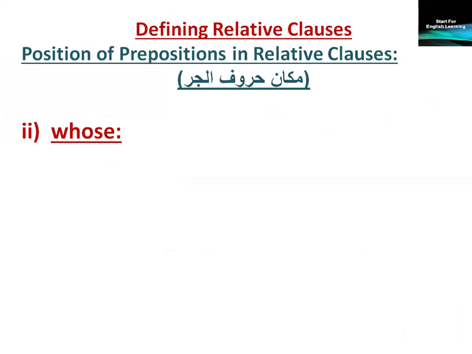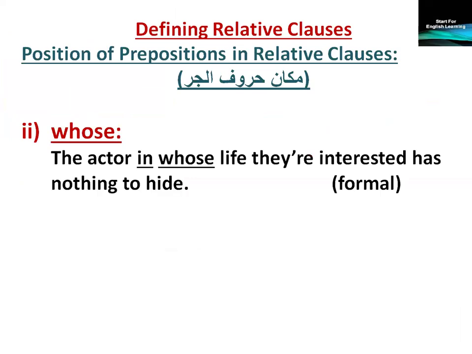Prepositions with whose. The actor in whose life they are interested has nothing to hide. This is the formal style. The preposition is before the relative pronoun, or the relative pronoun is right next to the preposition.